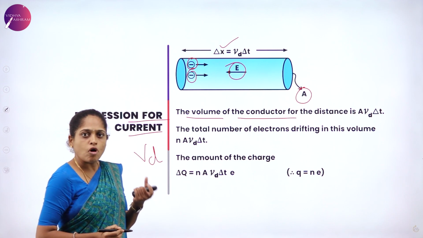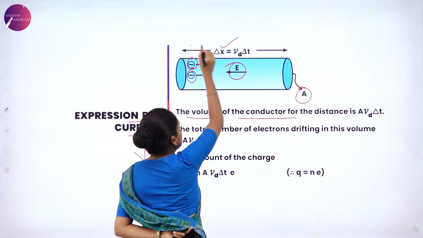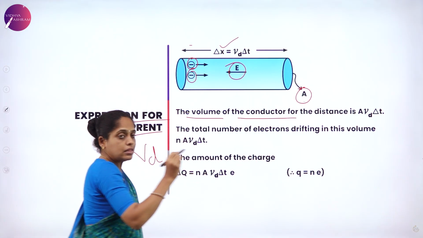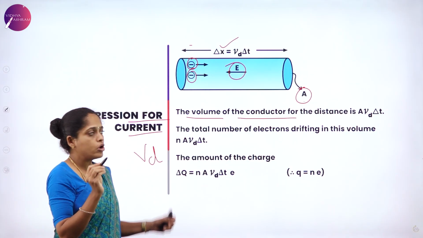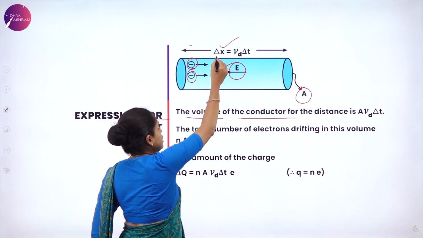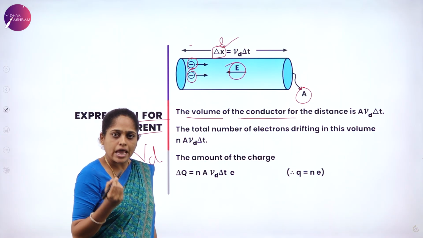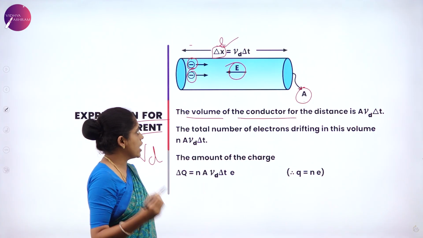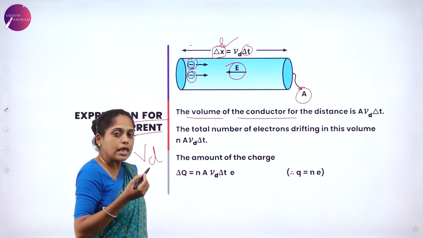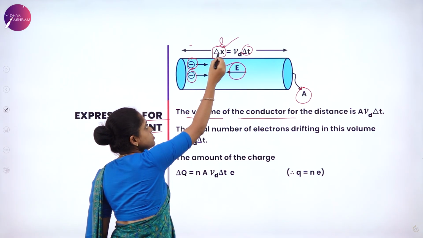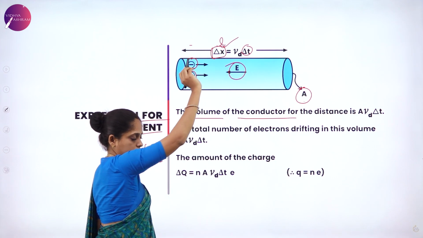What is the volume of the conductor? Volume is given by area into length. And here the length is drift velocity into time, or the length is nothing but displacement, and displacement can be expressed in terms of velocity and time. Let us consider the time as delta t. In that time delta t, the displacement of the electron from one end to another end is delta x.